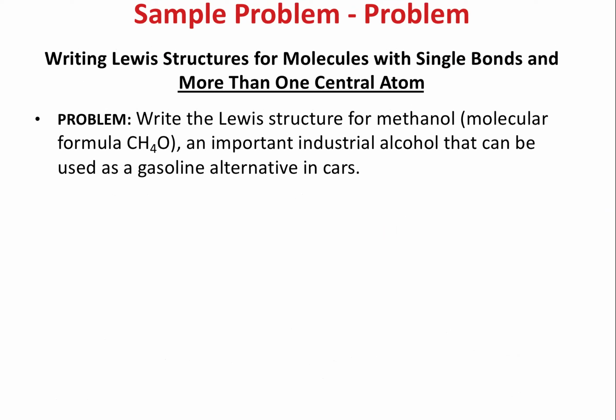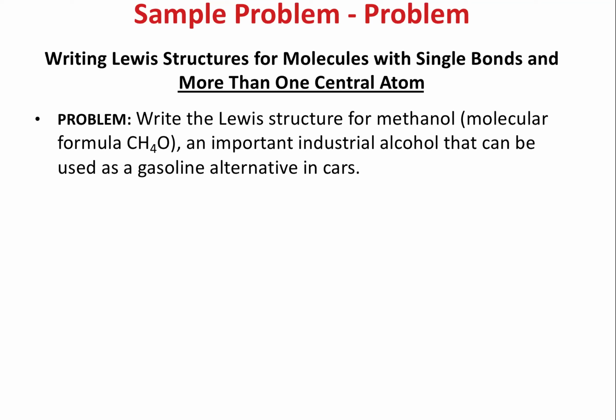Now, the examples we've got, these are kind of simple examples so far. They just had one central atom, and we could explain the bonding just with one atom in the center. But many molecules, particularly these organic molecules, will have multiple central atoms. So what would an example of bonding in those molecules look like, okay?